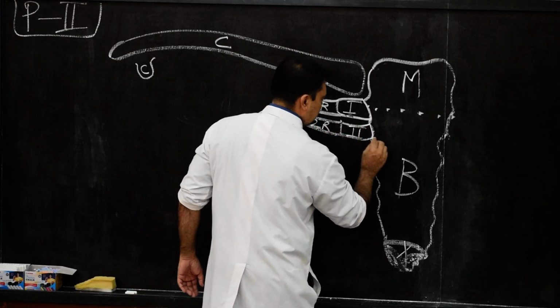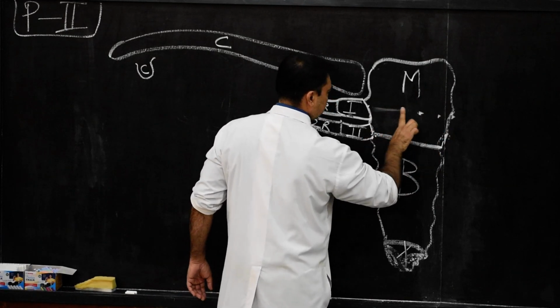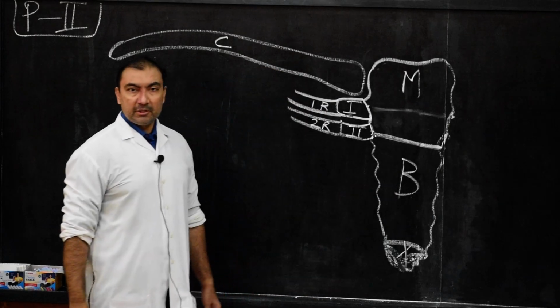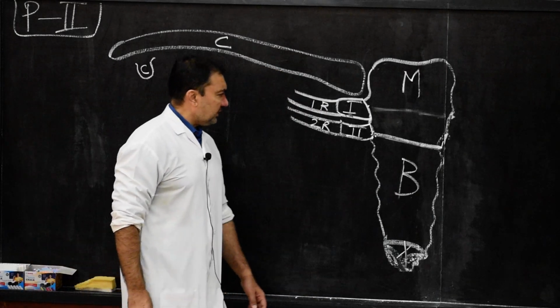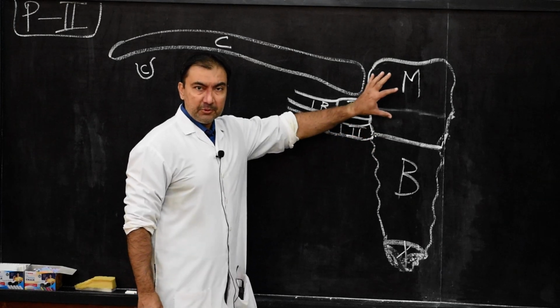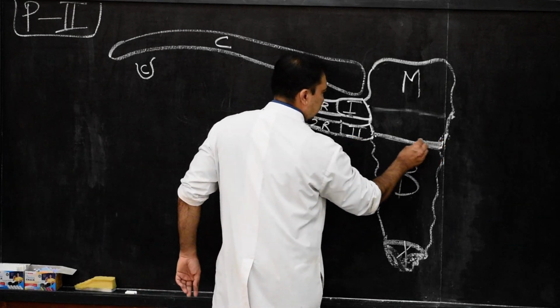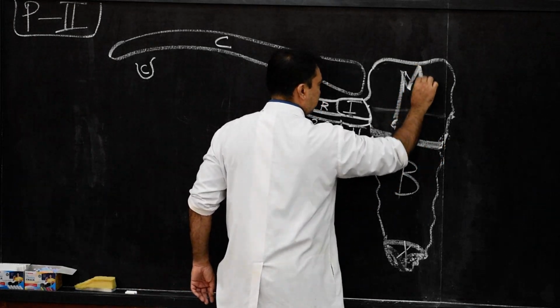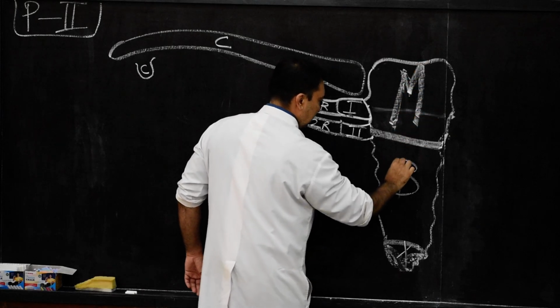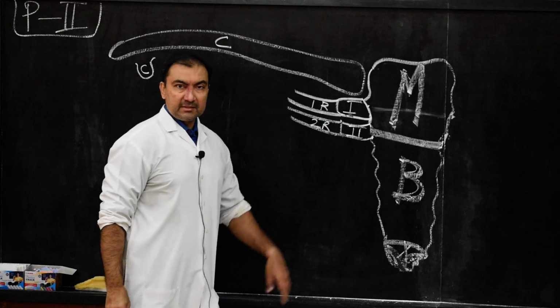Note that this is the line of junction between the manubrium and the body of the sternum, so at this line of junction is the attachment of the second costal cartilage. This entire region will be the manubrium, this the body, and this the xiphisternum.